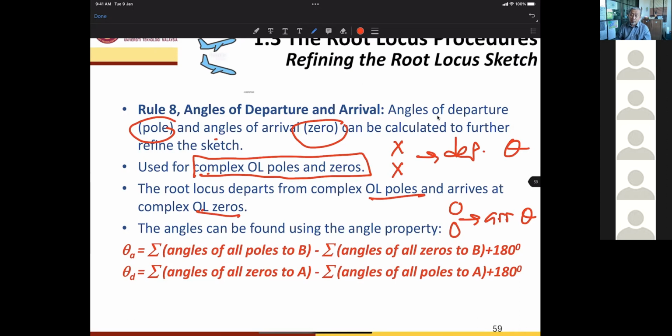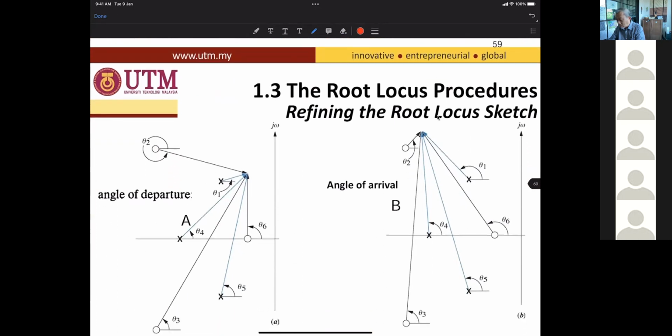That is the root locus basic, where root locus starts from poles and ends at zeros or infinity. The formula uses the angle criteria: theta arrival is equal to the total angle of all poles to B minus the angle of all zeros to B plus 180 degrees, while theta departure is the total angles of all zeros to A minus the total angle of poles to A plus 180 degrees, as shown here.